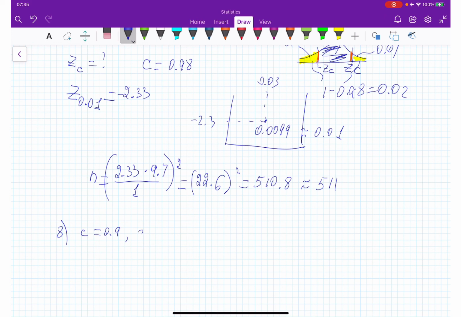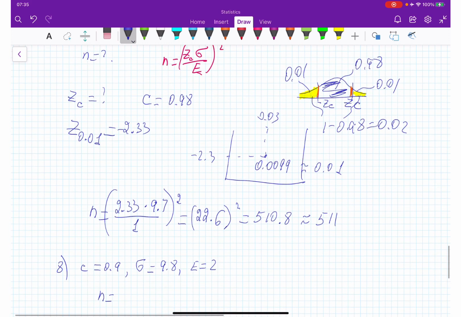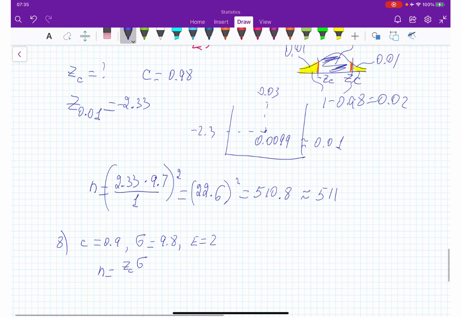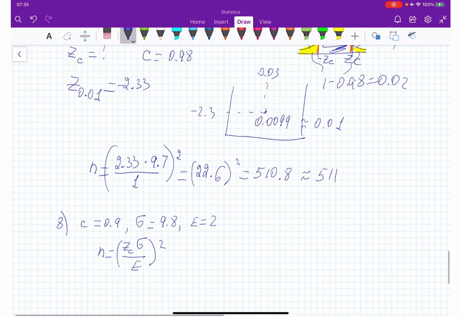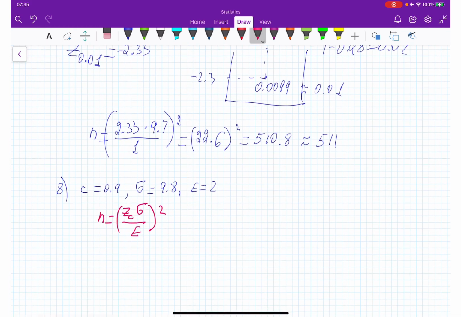Given sigma, the standard deviation of the population, is equal to 9.8, and the margin of error is equal to 2. So we need to find n, and that is equal to Z critical times sigma over margin of error, squared. So we have sigma, we have the error, all we need to find out is Z critical.